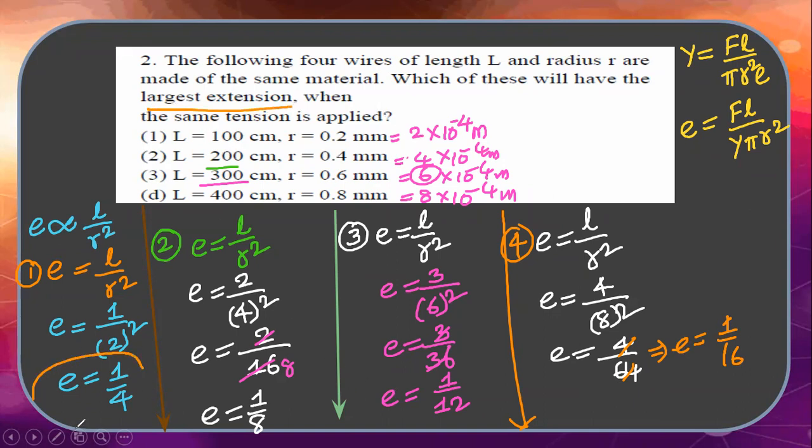So the values are 1 by 4, 1 by 8, 1 by 12 and 1 by 16. The largest extension they have asked is 1 by 4, which is the first option.